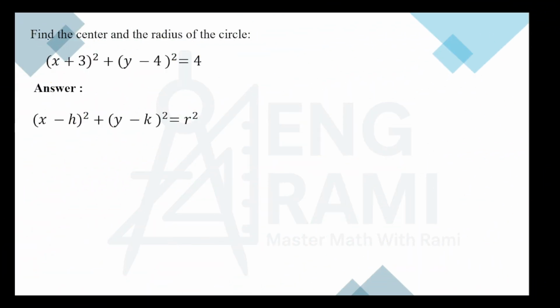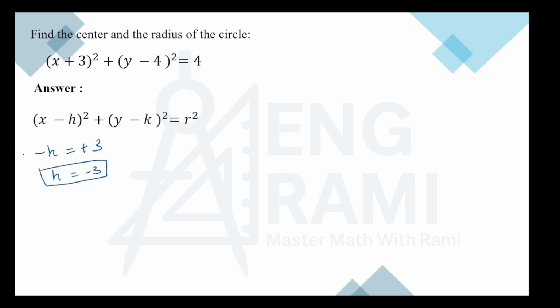Another example, find the center and the radius of the circle given x plus 3 all to the power 2 plus y minus 4 squared equals 4. The first thing you do is just to write the equation of the circle. And from here, minus h equals plus 3, then h equals minus 3.